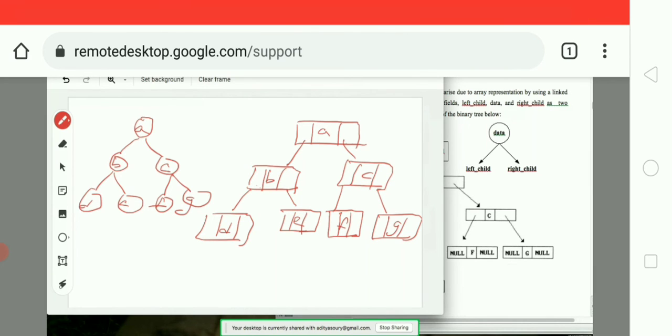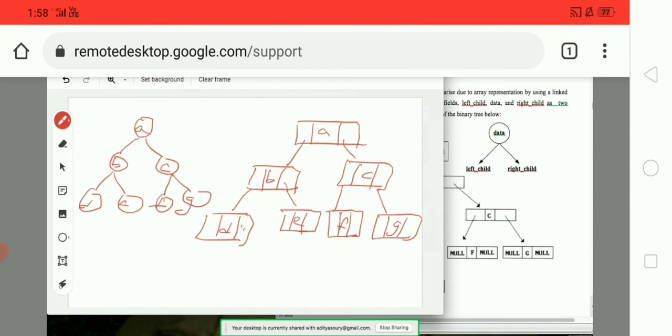Because it is the left side, we store the address of the left side only, and here it stores the address of E. But here one block is empty because it is a leaf node, so it doesn't have any child node. That's why this block is empty.